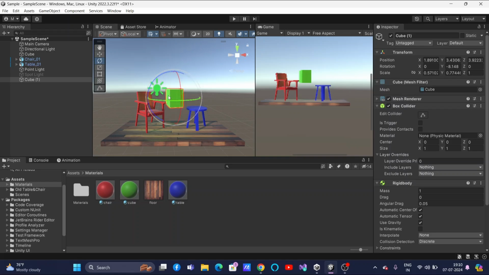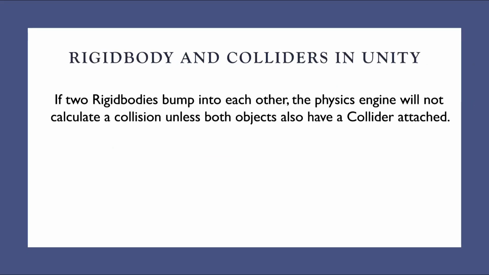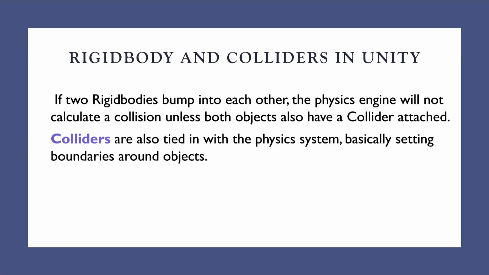But what is a collider? A collider is what makes the physics engine work when two rigid bodies bump into each other. You are using gravity here, so you need to calculate the collision, where the collider has to be attached to both the objects. Collider attachment is basically setting the boundaries around the object.